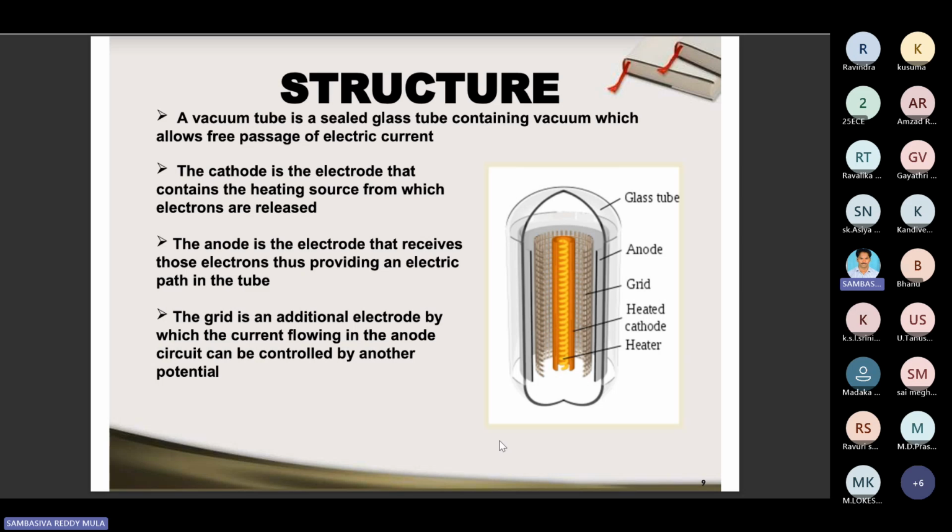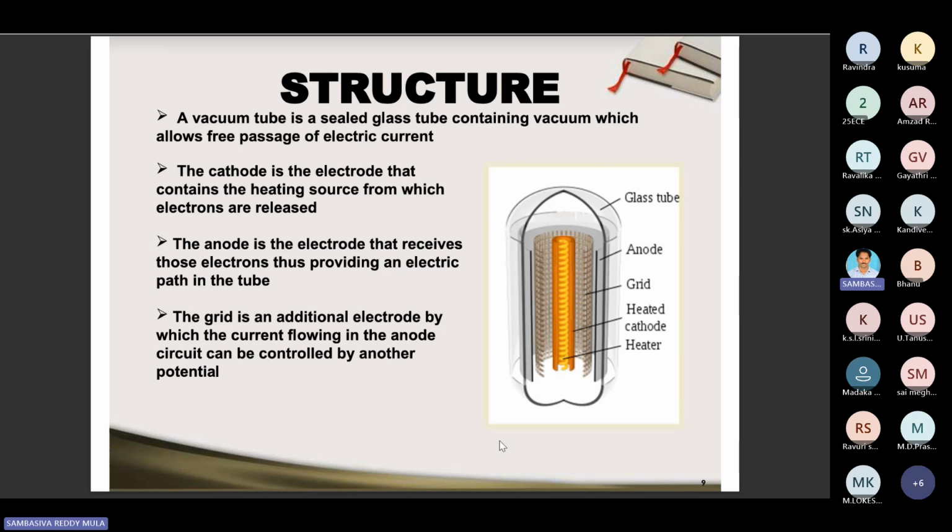In the next slide, we can observe how the electrons will flow. In this picture, you can observe the heating element, like our water heater, not the geyser, a water heater.